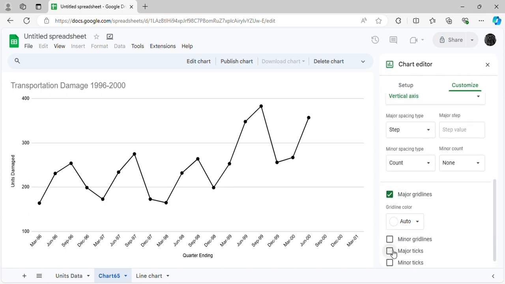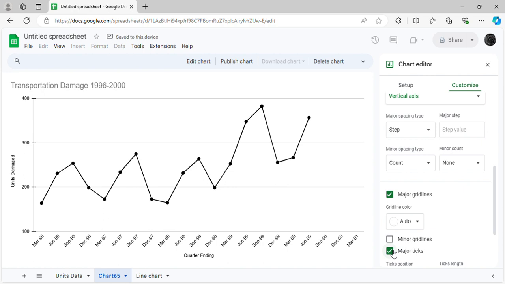Show the major ticks, and let's choose the steps to be 20.